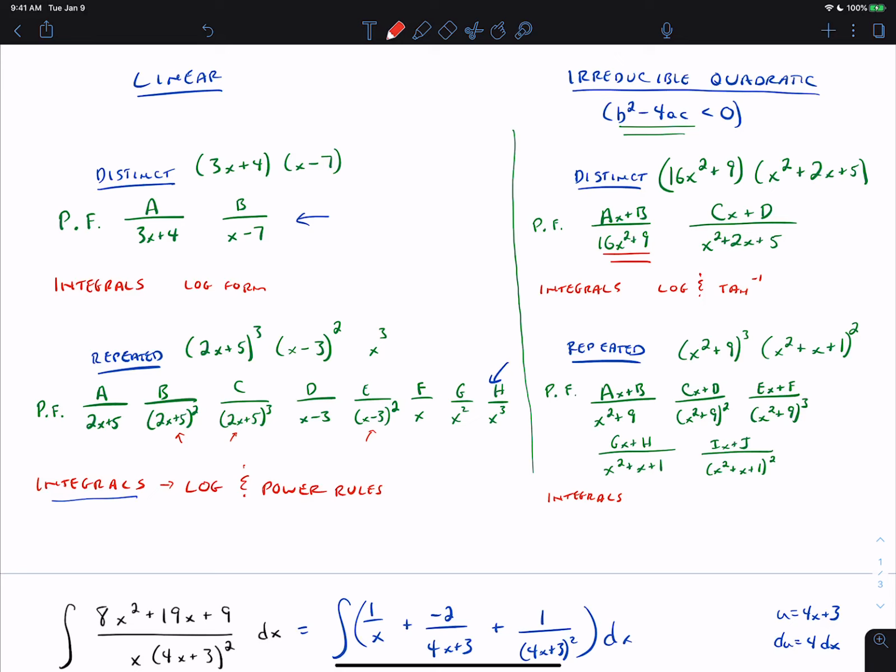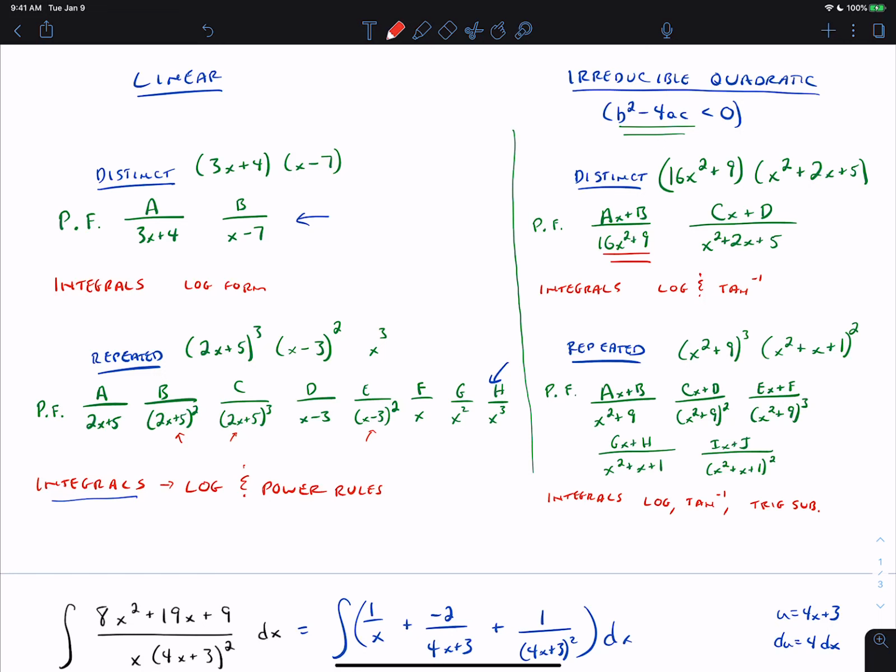So we use log and arctangent for the first power, and you use trig sub for the second power. So log, arctangent, and trigonometric substitution. Those are complicated integrals that we probably won't spend a whole lot of time on.